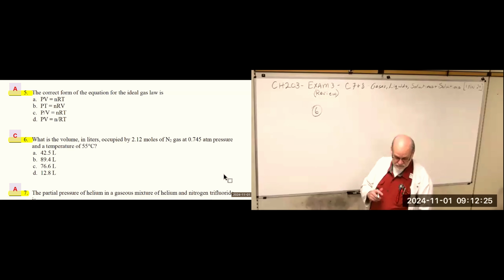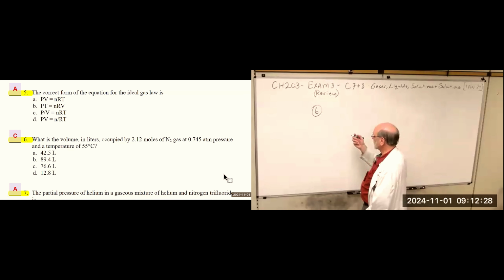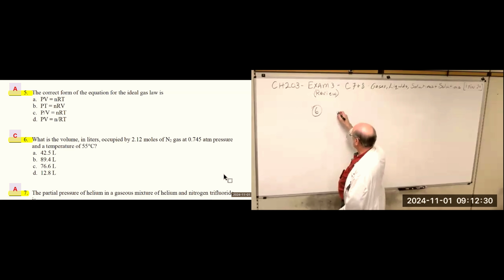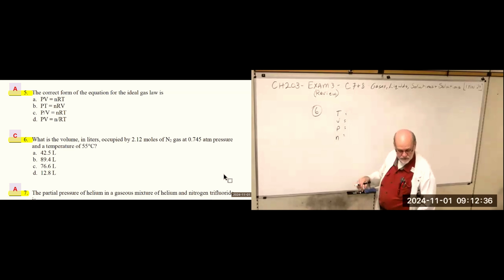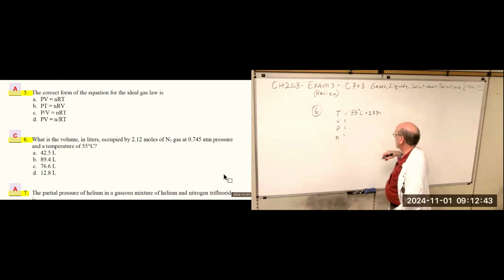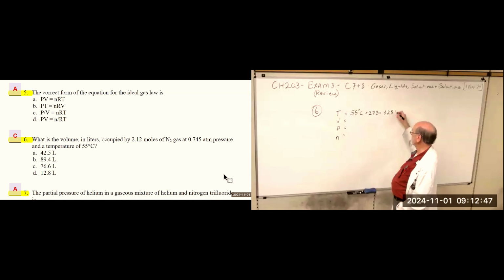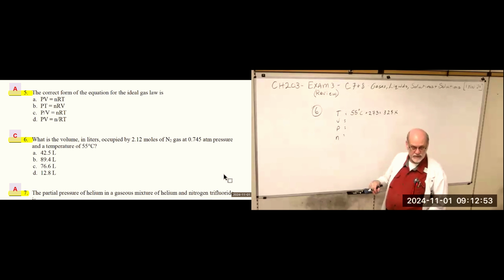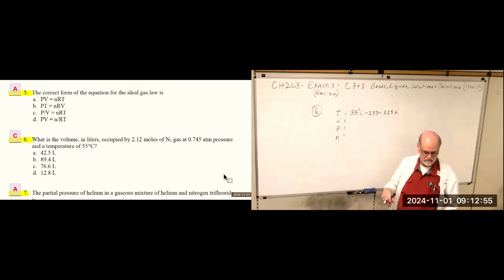All right, so the best way to keep from messing up is to put what you know in a table. Temperature, volume, pressure, moles. So the temperature is 55. We know we're going to have to change that one. So that's 328. Okay. Volume needs to be in what units?